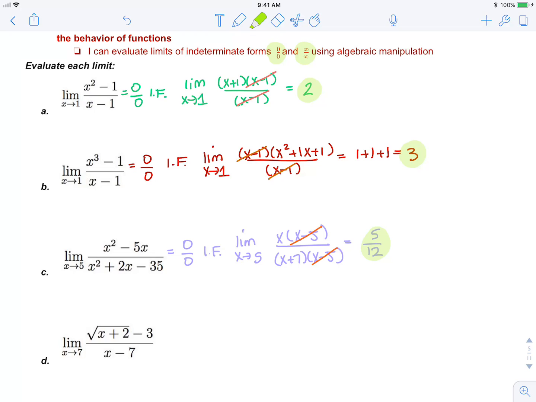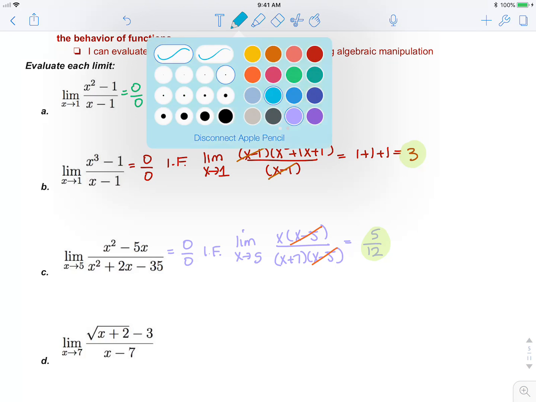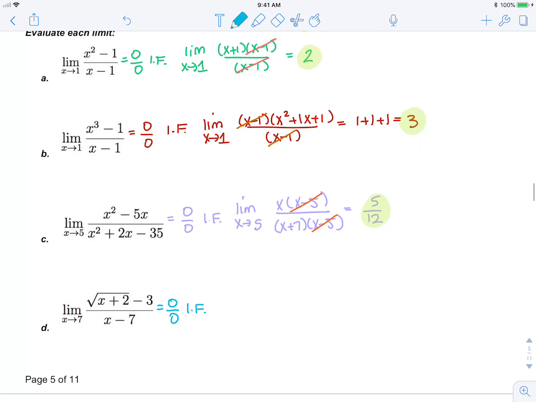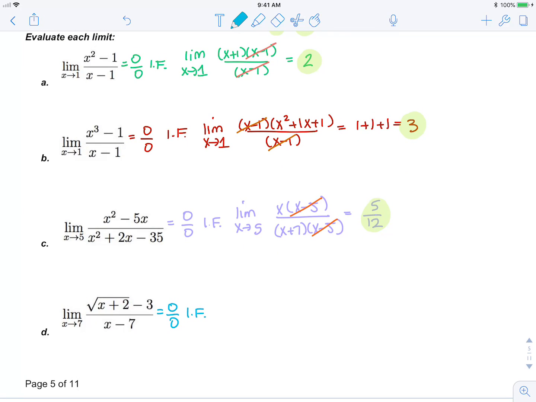And last but not least on this page, if I plug in 7 for direct substitution, I get 0 over 0, indeterminate form. That tells me to do some algebraic manipulation. So for this type of problem, including radicals, I'm going to multiply by the conjugate of my numerator.